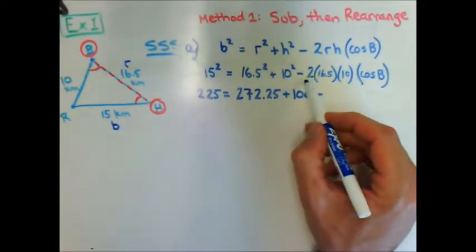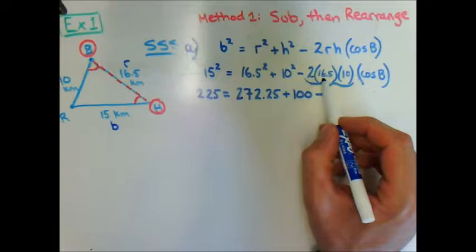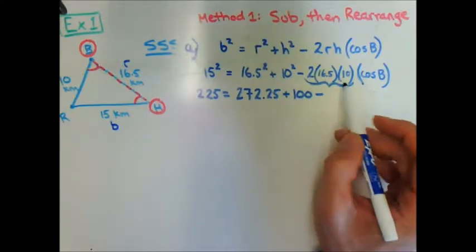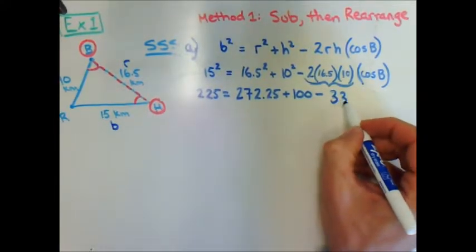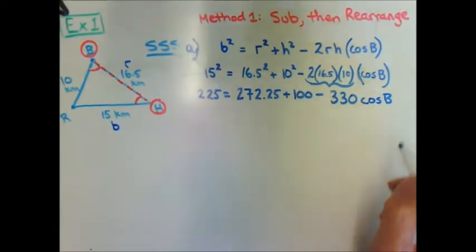And then we'll also reduce this group of multiplied numbers. We've got 2 times 16.5, which is 33, and times 10, which is 330. So over here we're left with 330 times the cosine of B.